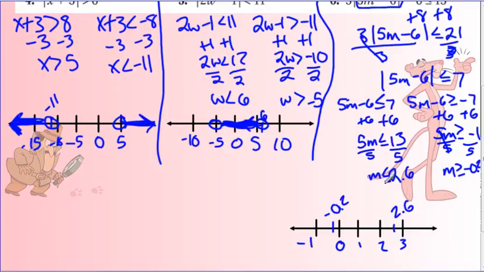So let's graph them. Let's do this one first. So we need a solid dot at 2.6, shaded less than to the left. We need a solid dot at negative 0.2, shaded greater than to the right. And they are facing each other, which means we're shading in between.